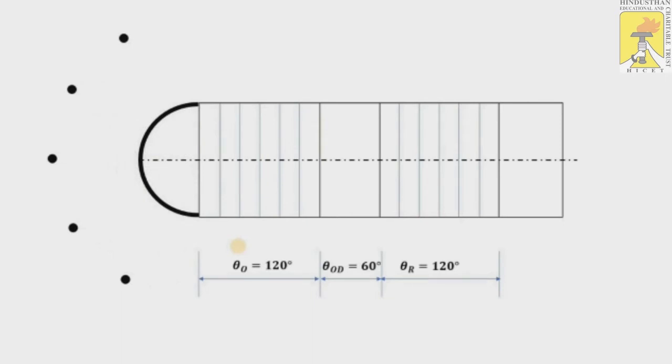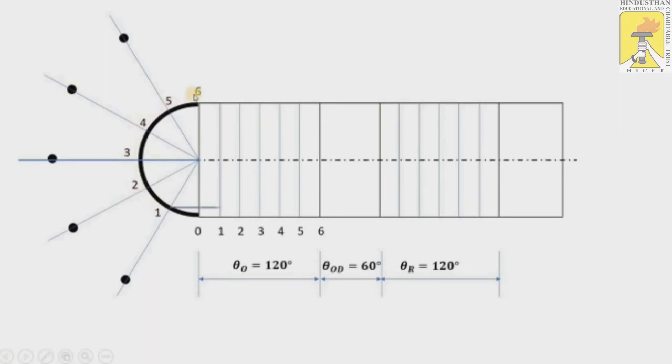As before, divide the horizontal line of theta naught. So 180 degree divided by 6 equal to 30 degree. Mark the angles of 30 degree here and mark the points as 1, 2, 3, 4, 5 and 6. Also mark points on the horizontal line from 0 to 6 in theta naught.